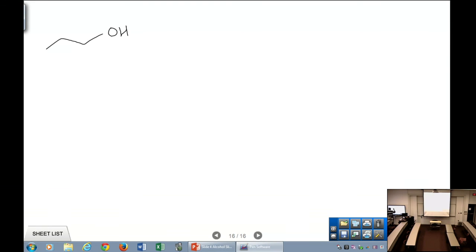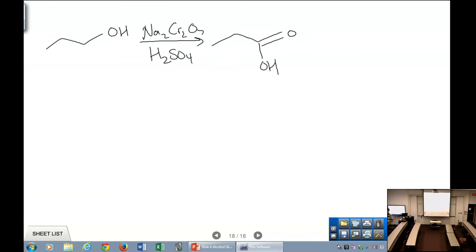Once you have your alcohol, right, if you have Na2Cr2O7 and sulfuric acid, you will oxidize your alcohol all the way to the carboxylic acid.